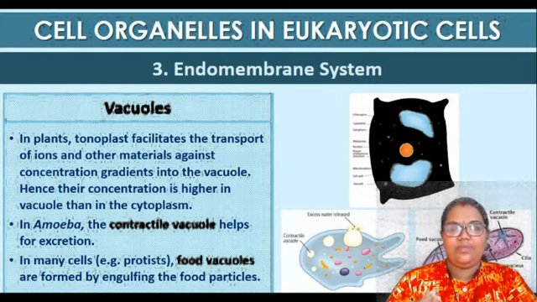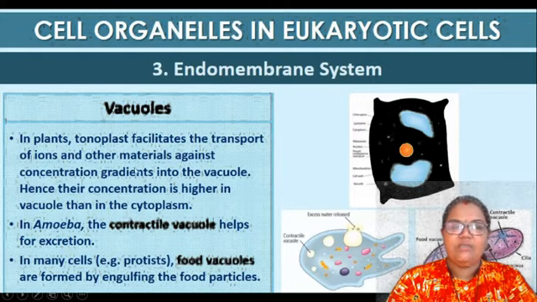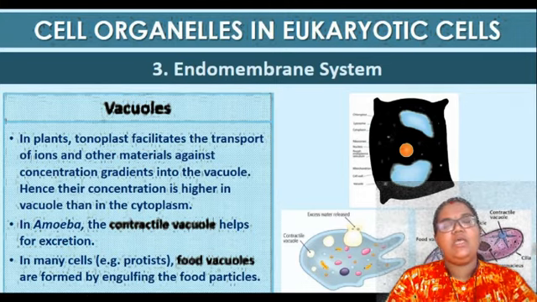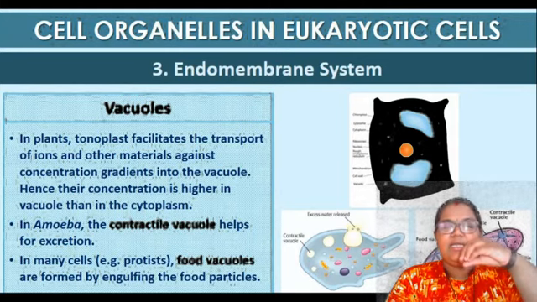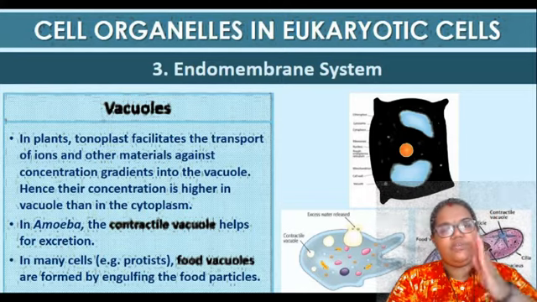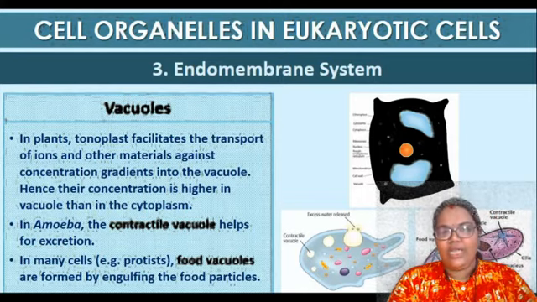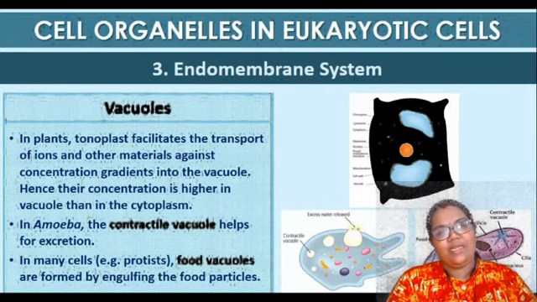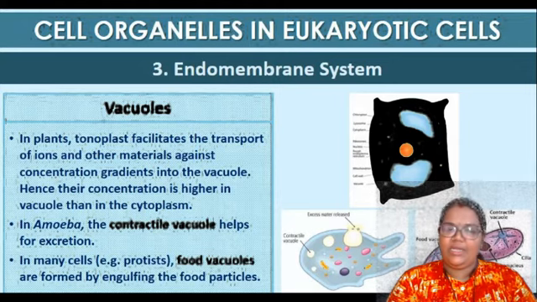The concentration is higher inside the vacuole than in the cytoplasm, because all the salt or waste material is accumulated inside the vacuole. Normally movement is from high concentration to low concentration, but the tonoplast helps the movement of particles into the vacuole against the concentration gradient.